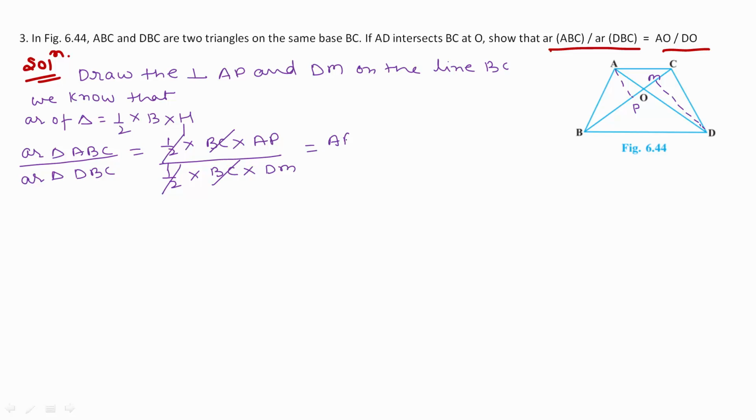This will be equal to AP upon DM. This is number first equation.